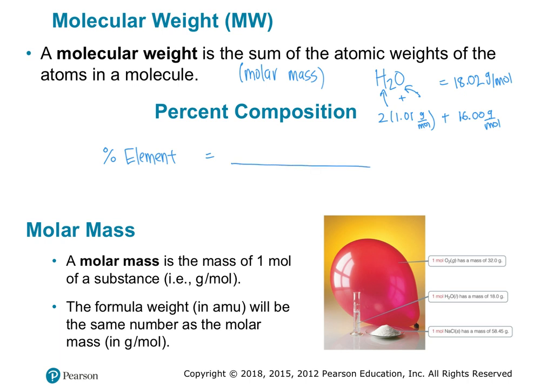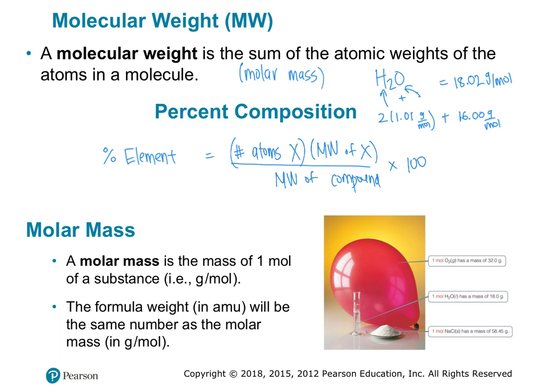I'm going to add up all of the number of atoms of that element. So we'll just call it number of atoms of X. I'm going to multiply that by the molecular weight of X. And then I'm going to divide it by the molecular weight of the whole compound, times by 100 to make it a percent.